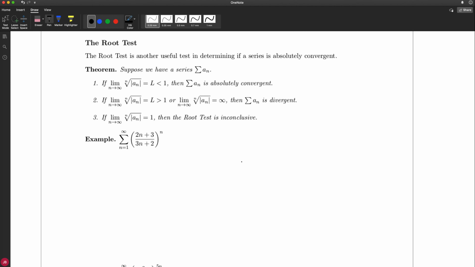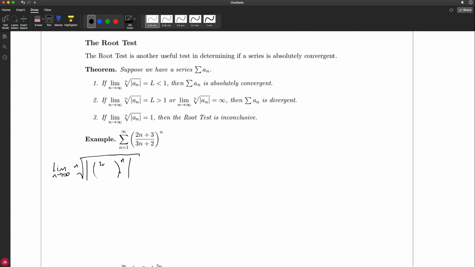But anyway, we're usually only going to see it when you have a whole expression raised to a power involving n. And the result is exactly the same. It's just the setup, you use the nth root instead of doing a ratio. Okay? We're going to take the limit as n goes to infinity of the nth root of the absolute value of this whole expression.